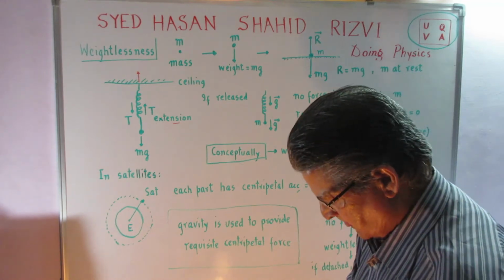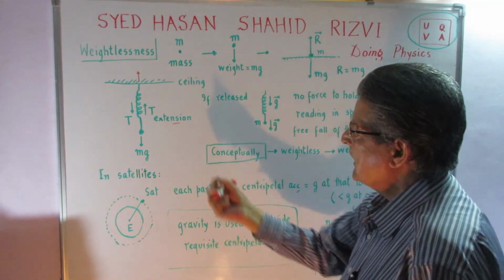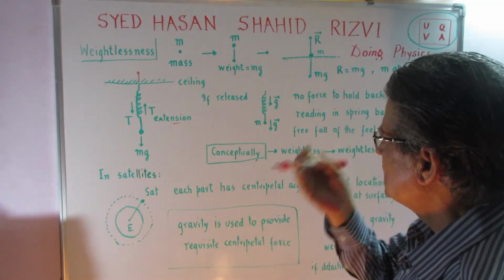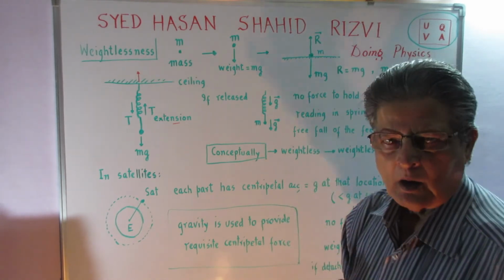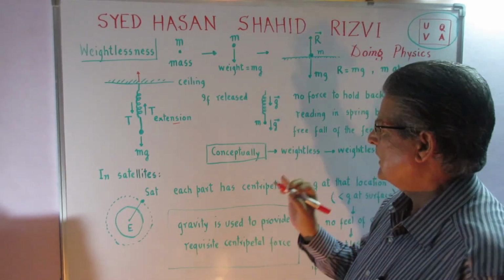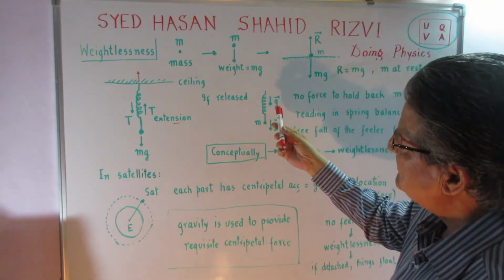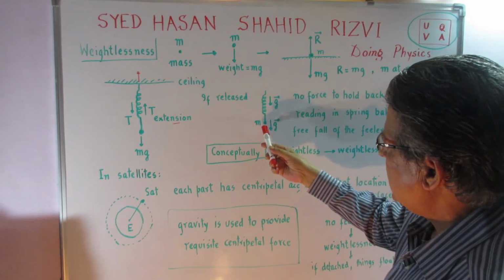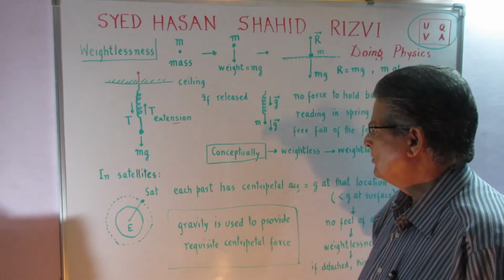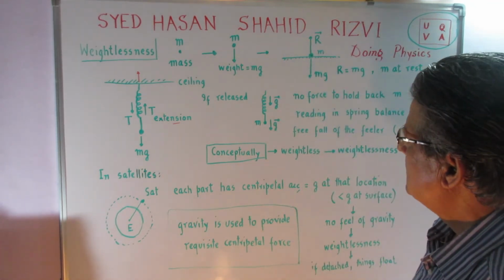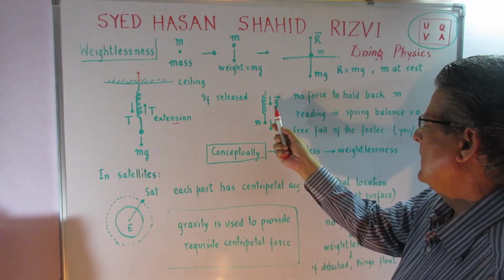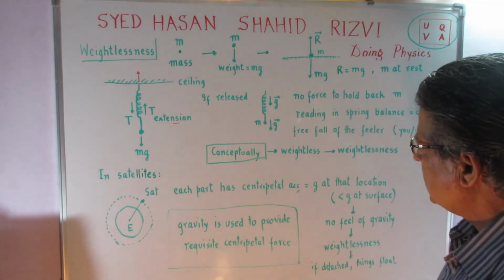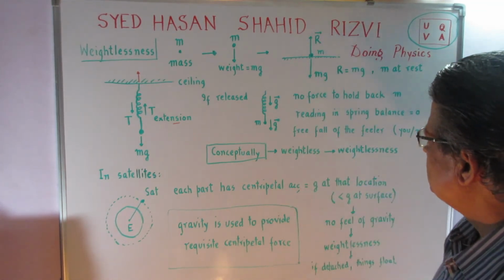Now what we do is release the spring from the ceiling. So both its ends are now relaxed, in the release position, with no extension, and this spring, whatever small mass it has, and this mass m2 which was attached to the spring, both of them start going down with an acceleration due to gravity, g here also and g here also.